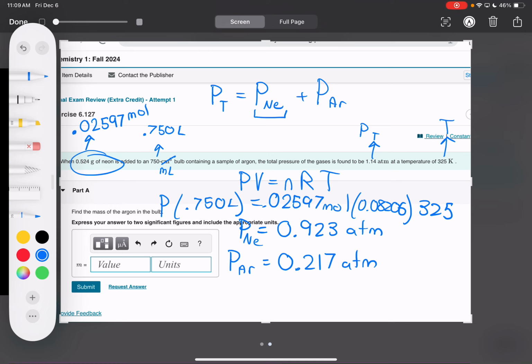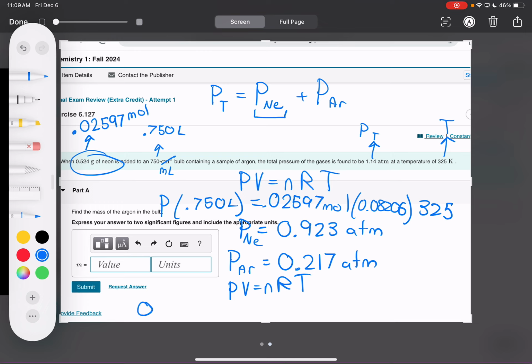Now, like before, we still have the volume and the temperature, and we have the pressure now, so now we can solve for the moles of argon. Then we're going to have to convert it to grams. So I'm going to do the same equation, PV equals nRT, but now I'm solving for n because I now have the pressure of argon.